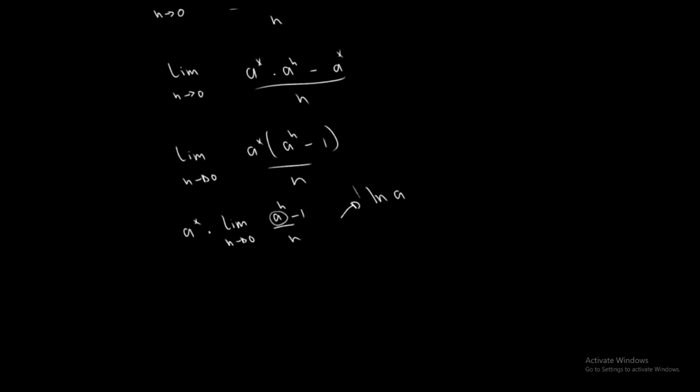Okay, I'll do a further investigation on this, but for now let's just look at the theory behind it. So therefore a to the x is going to be times the natural log of a, where the limit as h approaches 0 of a to the h minus 1 over h. And then we get our derivative.